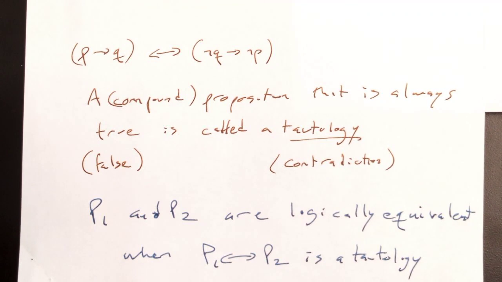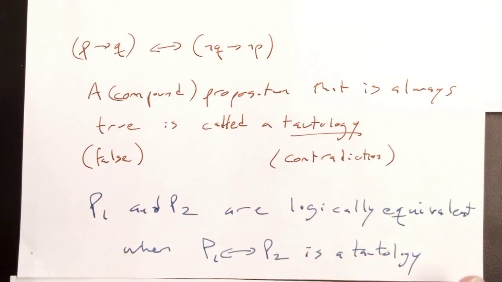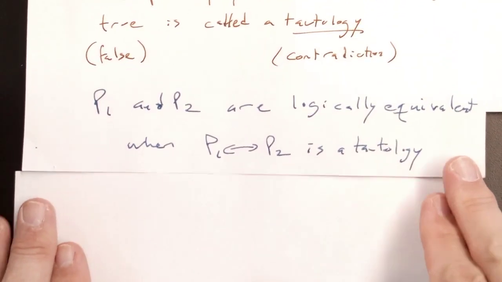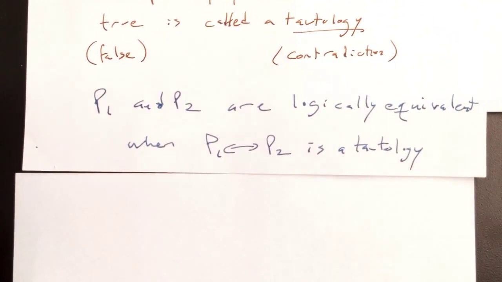Now, I used P1 and P2 instead of using P and Q because we think of the lowercase letters as individual variables. I want to think of P1 as some compound proposition and P2 as some other compound proposition. Always true is a tautology. Always false is a contradiction. That leaves out a lot of options, doesn't it? Like our system specification option, right? I just needed it to be all true once. That's a conditional statement.